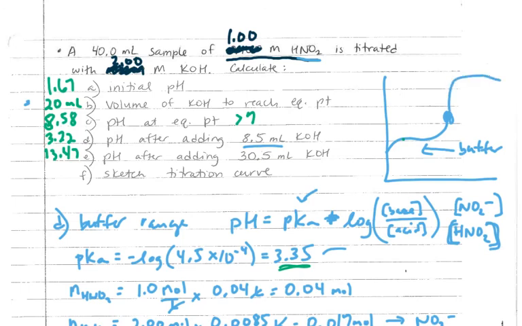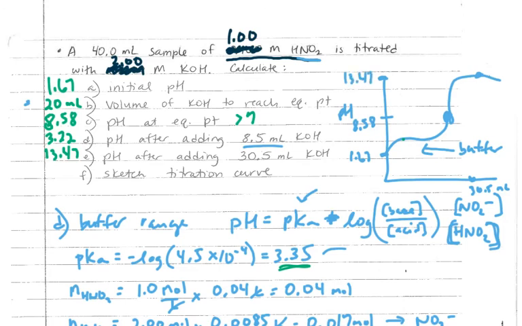We can say that the initial pH was 1.67. This is our pH scale. And that at that equivalence point, it was 8.58. And that up here, once we had added 30.5 milliliters, the pH was 13.47.